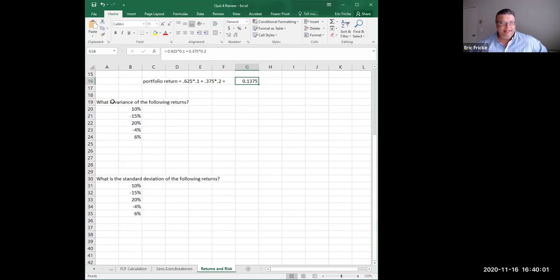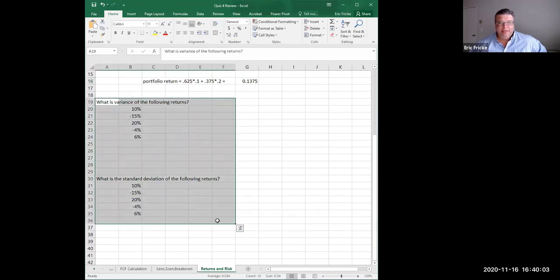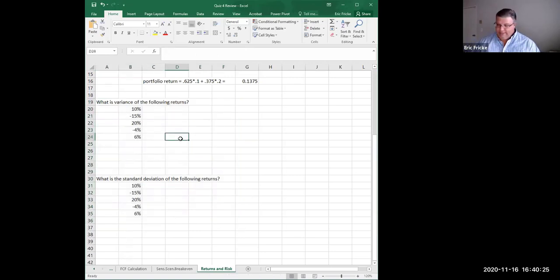Now, for variance and standard deviation, I'm just going to talk about the Excel formula that can make this problem pretty quick and simple. I'm not going to go through the math on these. If anybody wants to go through the math, please set up a separate session with me, okay? So here's the deal with variance.